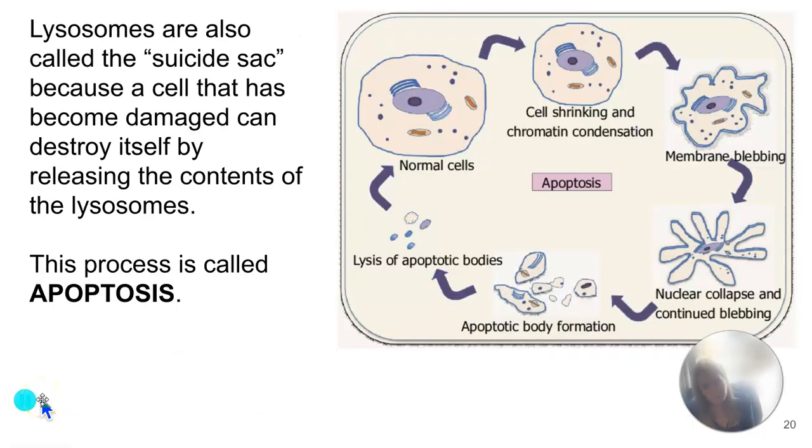Lysosomes are also sometimes called the suicide sac because a cell that has become damaged or old and worn out, or it's just a cell that needs to die in order for the multicellular organism to mature, it will just release all of the contents inside of those lysosomes, and it'll pretty much digest itself and break itself down, and that is called apoptosis.